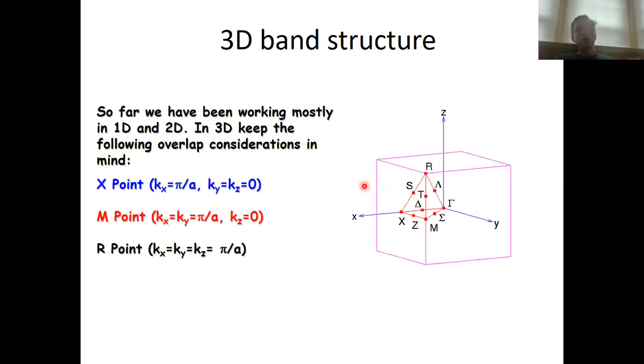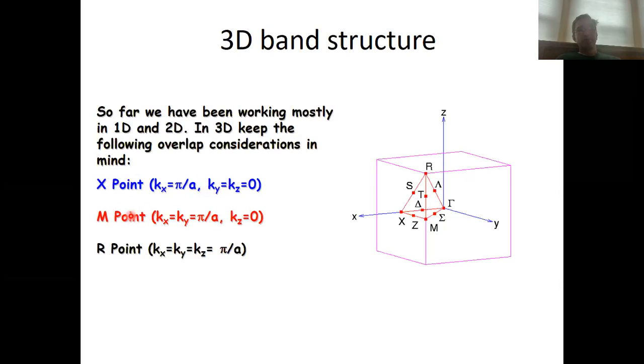If you wanted to do that, you would have to work with 3 wave vectors: kx, ky, and kz. And again, you could vary kx, ky, and kz between 0 and pi over a. So at point chi, kx would be equal to pi over a, and ky and kz would be equal to 0.